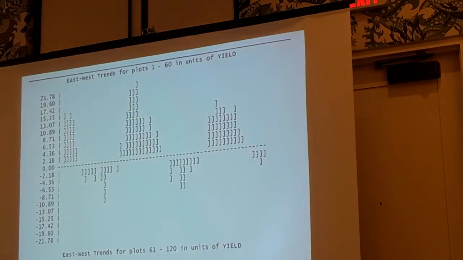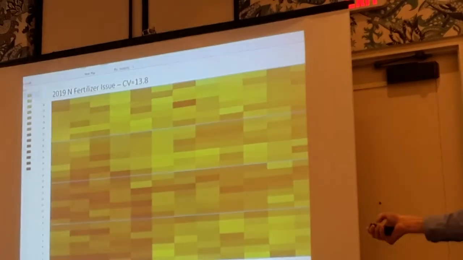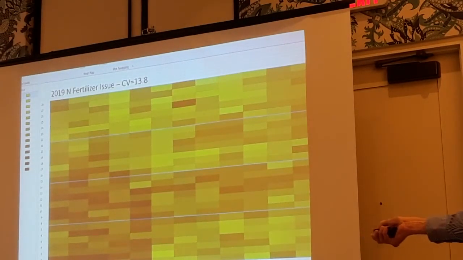But Agribase also gives you a printout, and this is just the plots as you're moving from 1 to 60. So it would have been the plot starting from here, moving back and forth and back and forth. It tells you what your trend is.